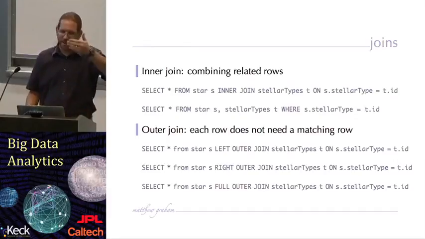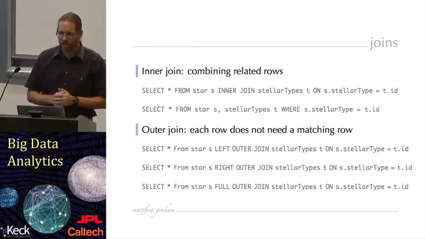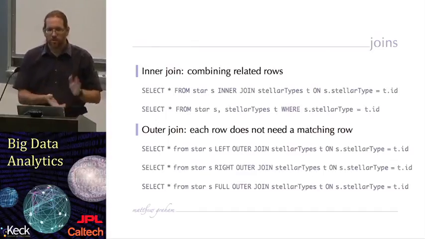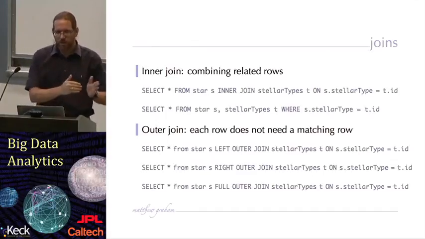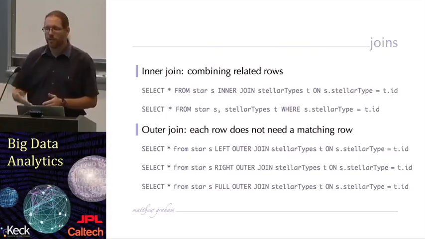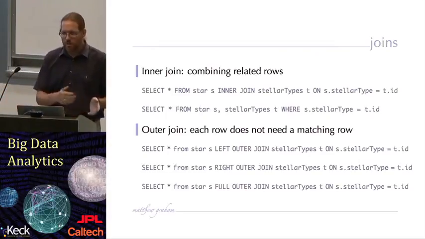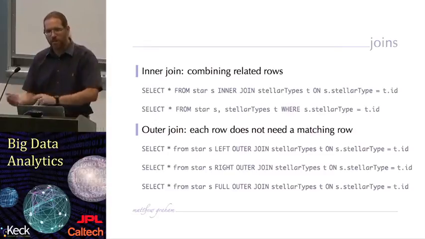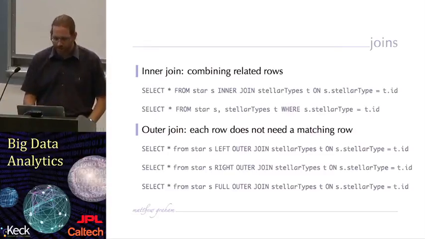And those are either the left outer join, a right outer join, or a full outer join. So it may be that you want all the rows from one table, and the matched information from the other table as well, but you're happy to have blanks where there are not matches. And in that case, you would do either the left outer join or the right outer join as appropriate.